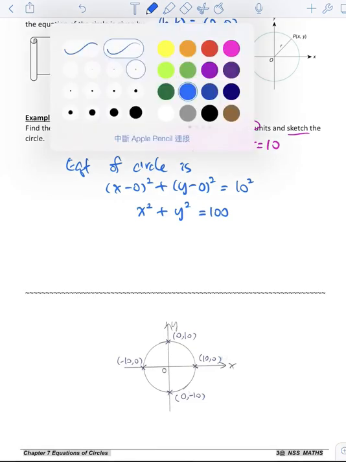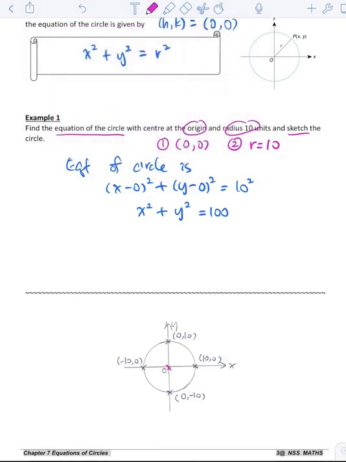Here you can see the center is (0, 0), and the radius is 10 units. So you can get the 4 intersecting points between the y-axis, x-axis, and the circle, like this.